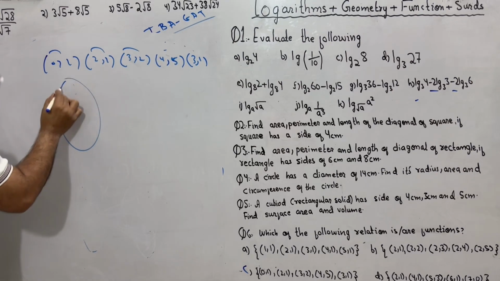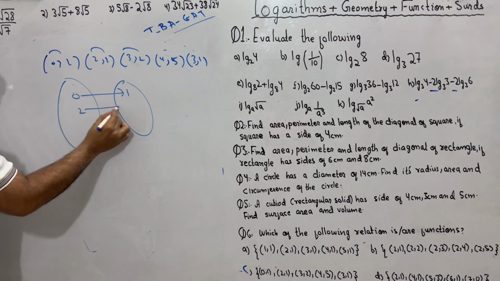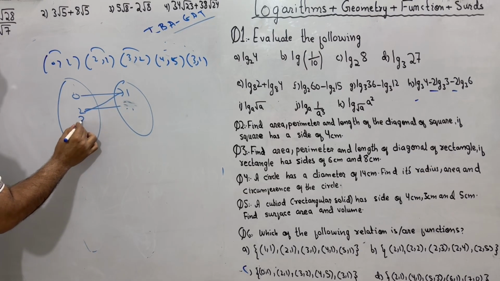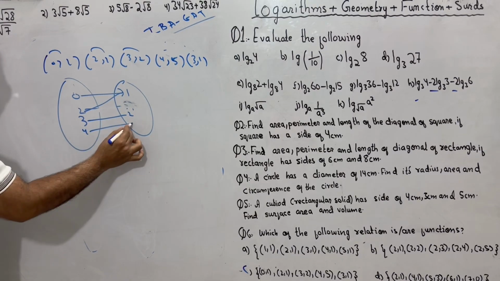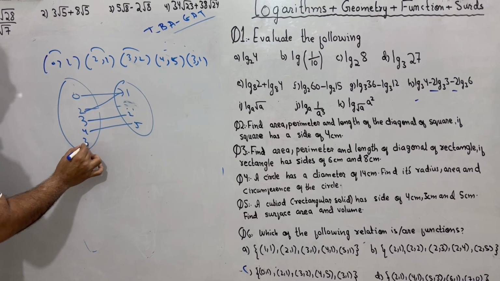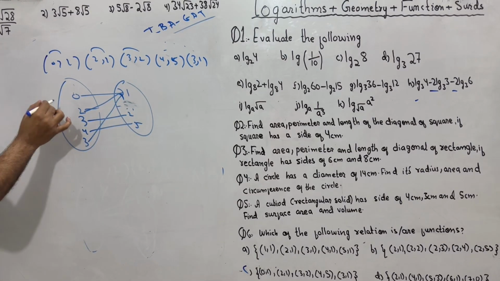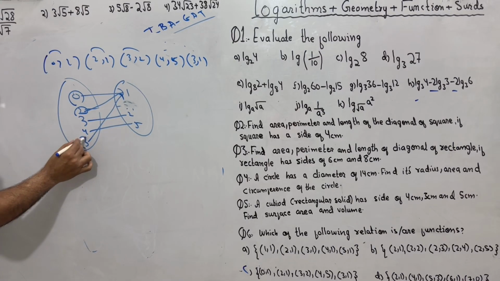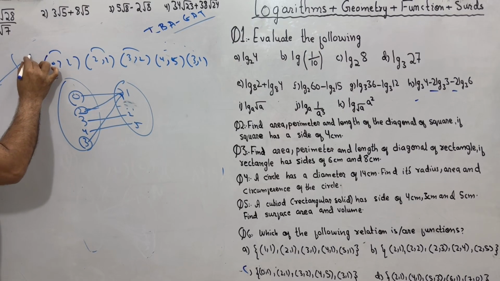It's a function. Let me draw. 0 to 1, cool. 2 to 1, same one, cool. 3 to 2, cool. 4 to 5, impressive. 3 to again 1, same. It is possible. 3 persons can have the same age. Yes, it is a function.